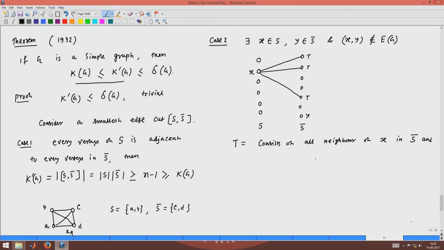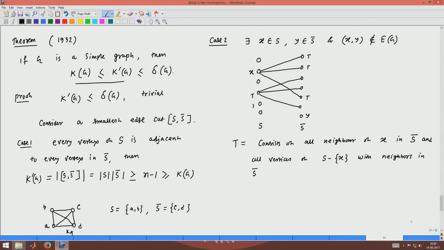and then all vertices of S minus x with neighbors in S complement. Suppose this is a vertex which has a neighbor in S complement. Suppose these are the neighbors of this vertex.